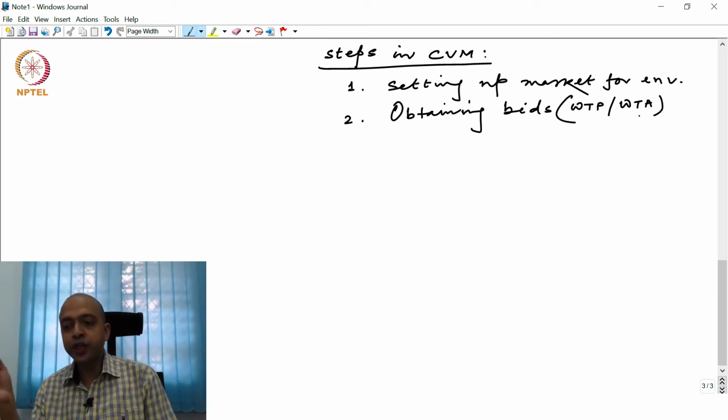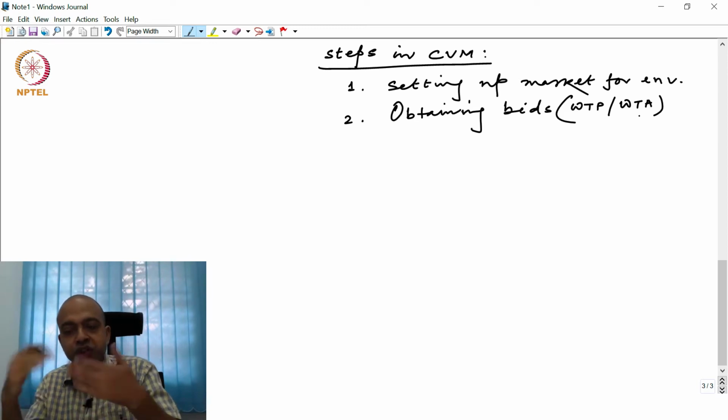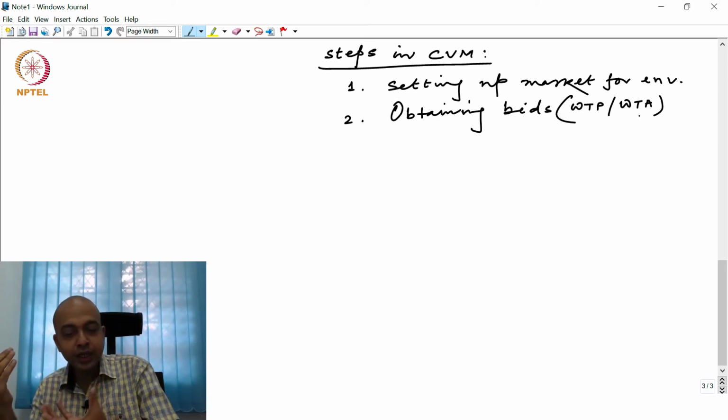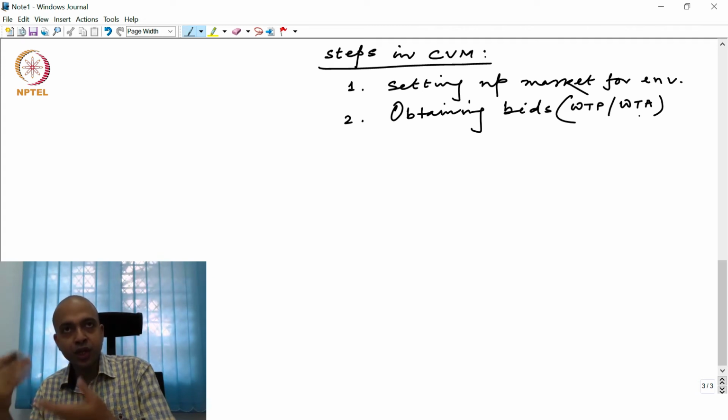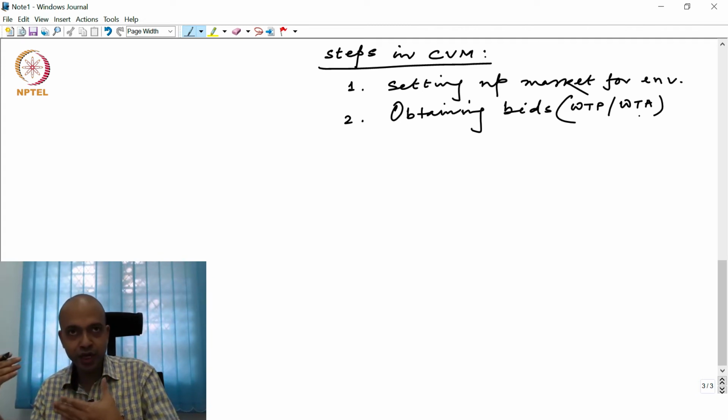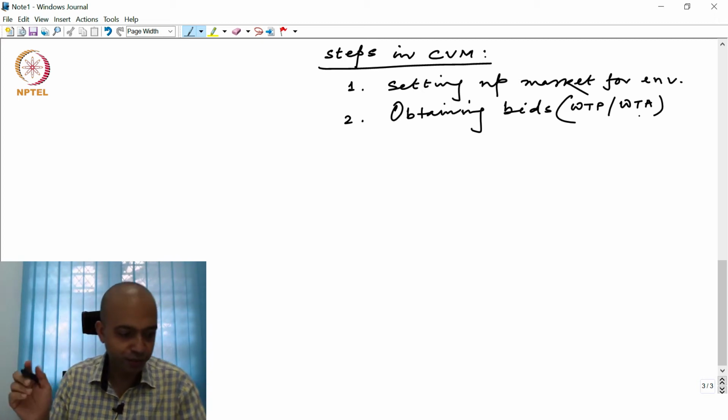Another name for willingness to pay or willingness to accept is bid, which is used in the literature of environmental economics. Once we set up the market, we collect the bids from the respondents. That means we ask them about their willingness to pay or willingness to accept for a positive or negative change in environmental quality respectively.